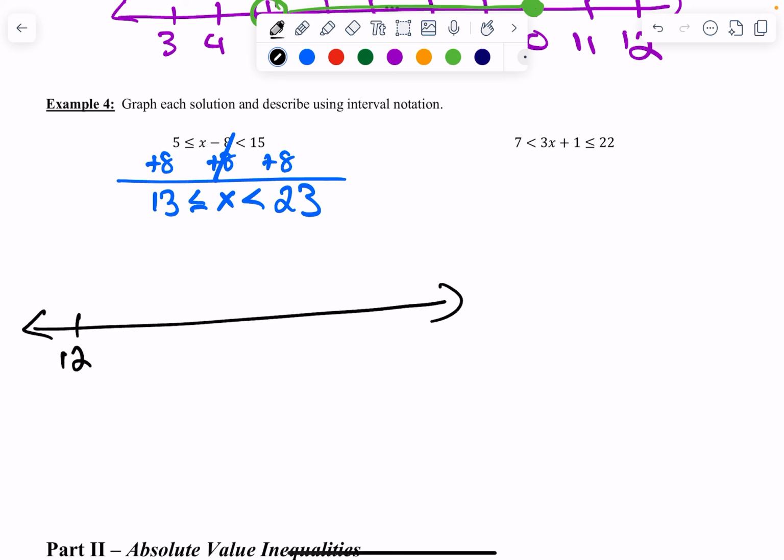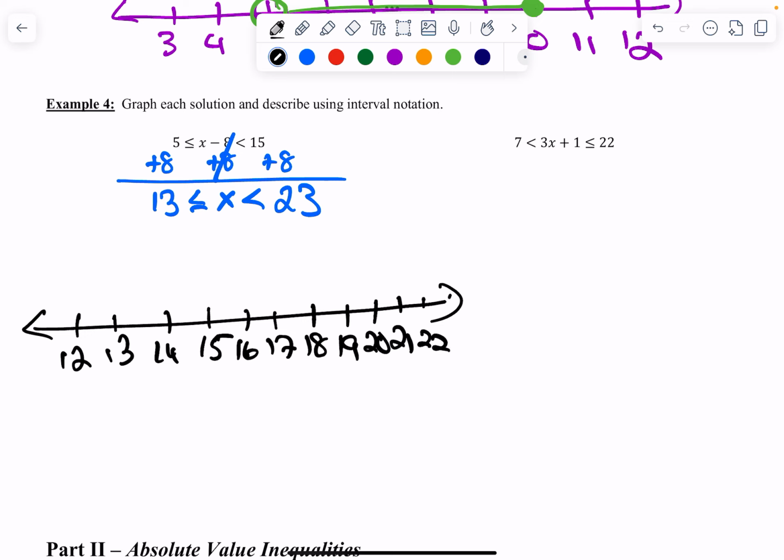So I'm going to start 12, 13, 14, 15, 16. Let's see if this line is long enough. 19, 20, 21, 22, and 23. So 13 is on the left and it is included. So that's going to be a dot.